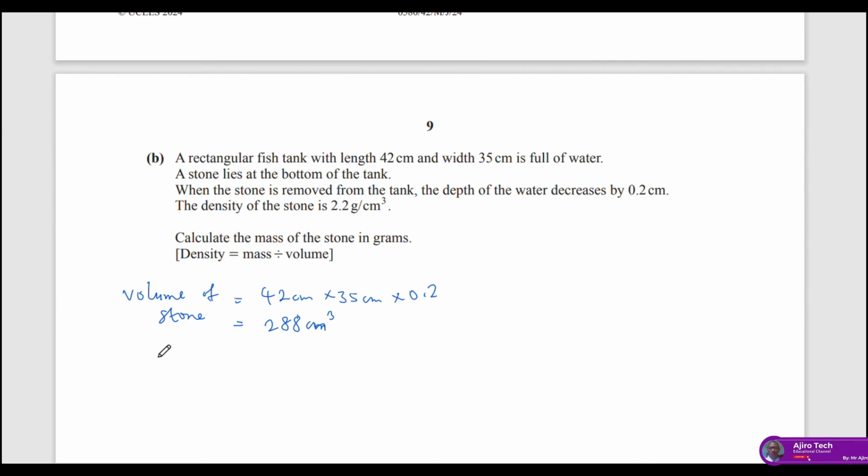Now, the mass. First of all, density is mass over volume, so mass should be density times volume.